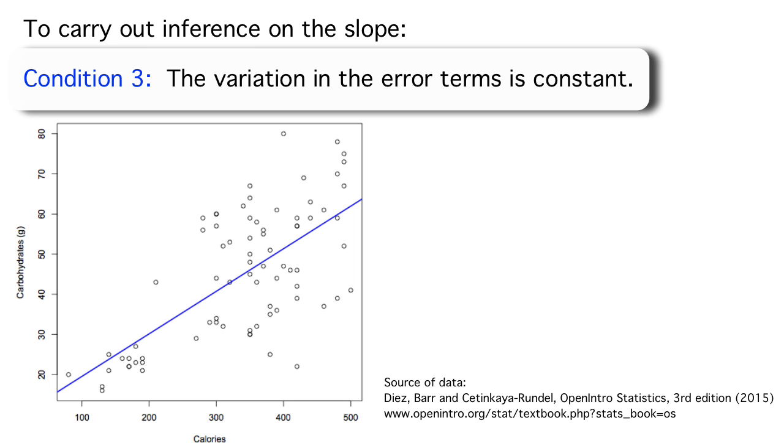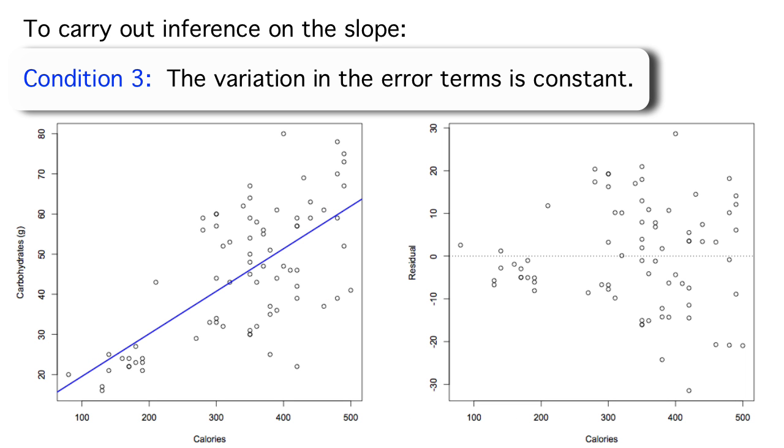But the scatter plot also shows increasing variability in the amount of carbohydrates, with greater scatter for foods with higher calories. This increasing variability is also seen in the residual plot. And like nonlinear patterns, increasing or decreasing variability is often exaggerated and more easily seen in the residual plot.